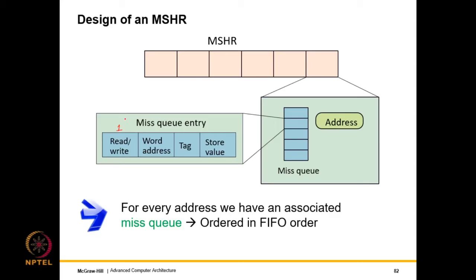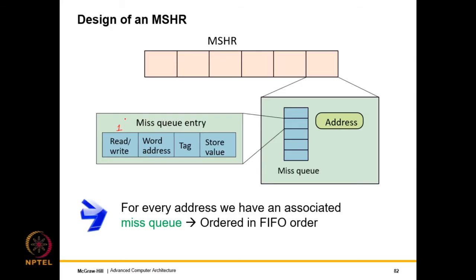The next is the tag. The tag is mostly useful for a load instruction, and also for the L1 cache. This is basically the tag of the instruction, the physical register ID of the register that caused a miss. Why is this needed?